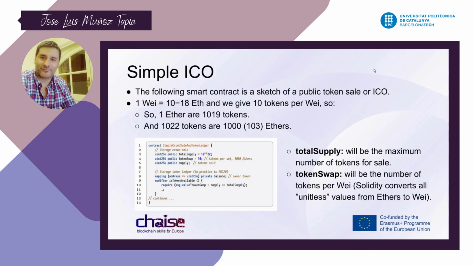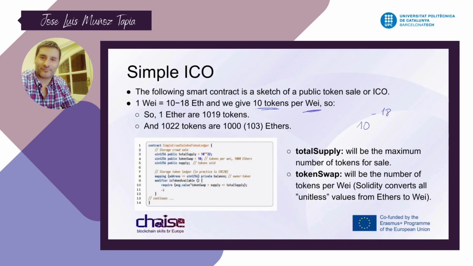In this case, we're going to create a smart contract, and we're going to give to our users 10 tokens per wei that they transfer to us. Remember that one wei is 10 to the minus 18 ethers.